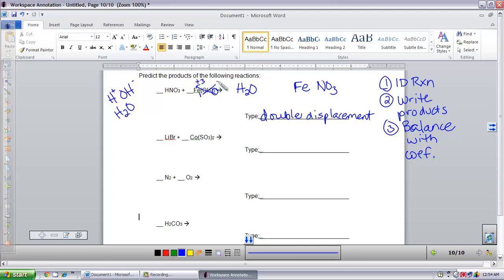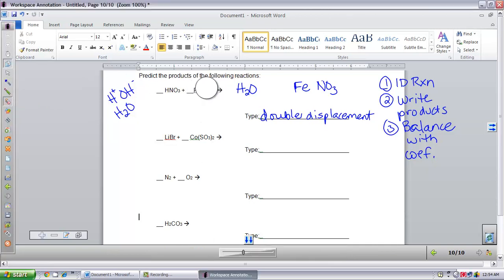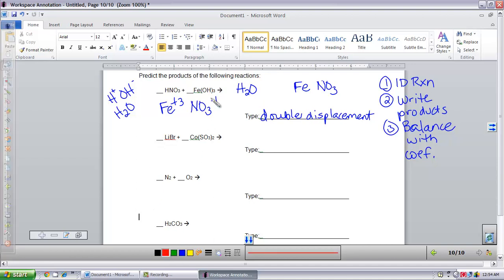This 1 down here came from the oxidation number of hydroxide. So you do know that this is actually iron 3. So now that I know that it's iron 3, I'm going to combine it with nitrate, which is a -1. And I'm going to crisscross and drop. And now I have my formula, and I'm good.